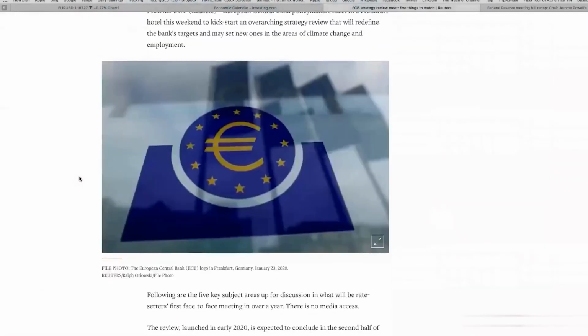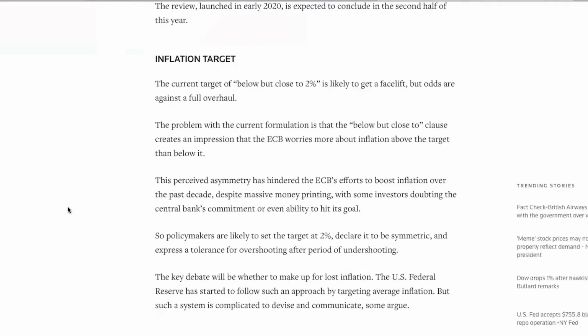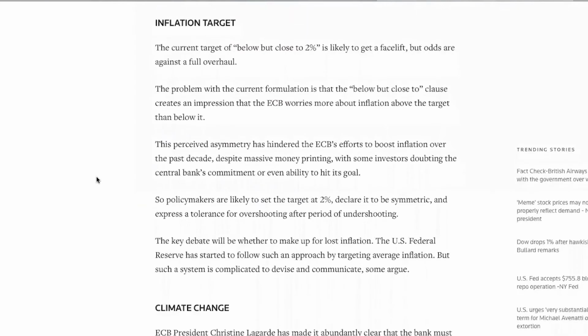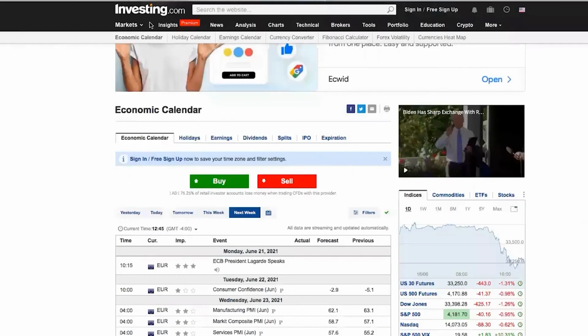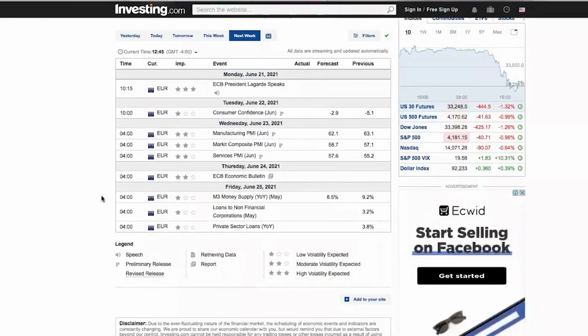During the weekend, there's an ECB policymakers meeting, and there are a few important points that are likely to impact the euro dollar, which are on the menu, especially when we talk about inflation targeting. And what more we have for next week is a fully packed week with important data coming out, starting with Monday 21st when the ECB president will speak, and very likely it will add more volatility to the euro dollar.